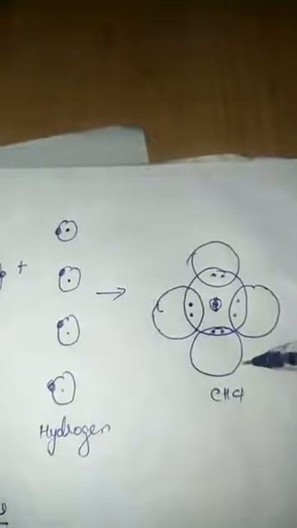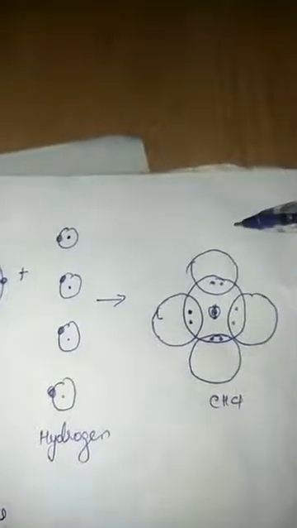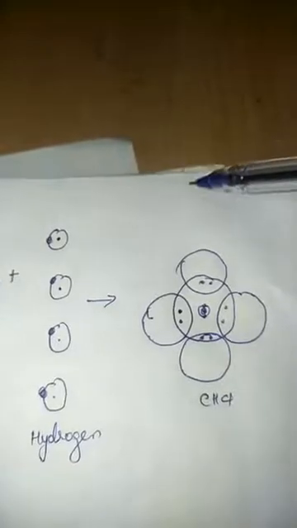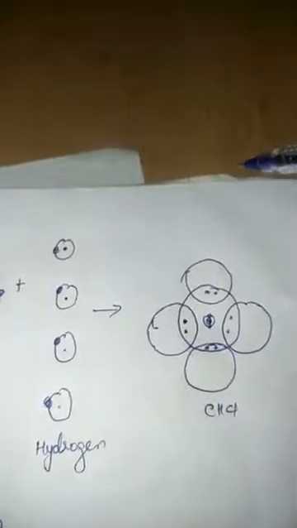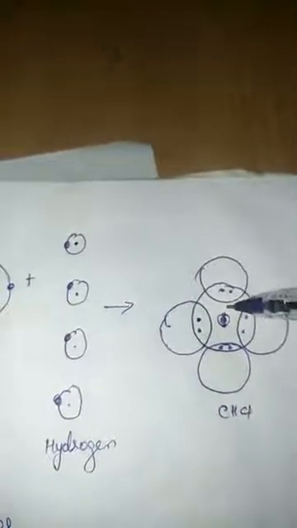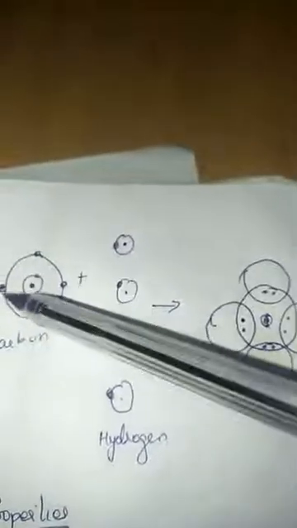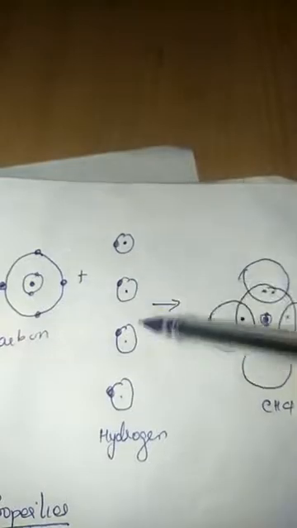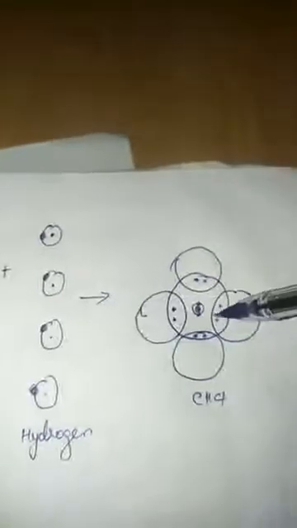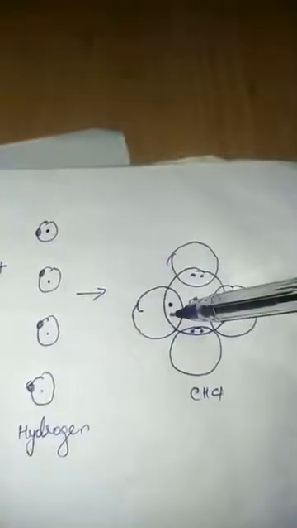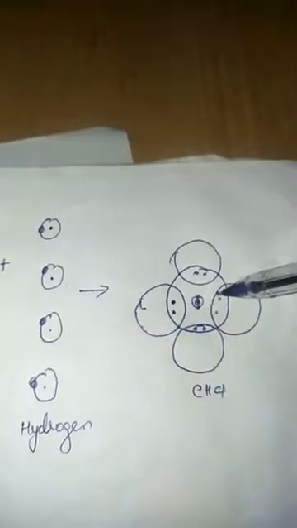Like this, these non-metals share their electrons among themselves. It may be shared with one atom or with different atoms. Anyway, they have to become a stable structure. See, carbon has 4 valence electrons shared with the 4 hydrogen atoms. So it forms what bond?